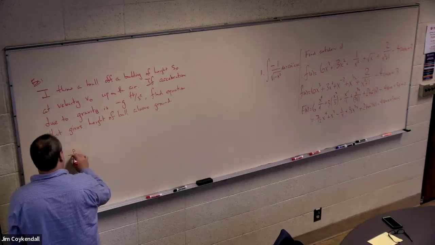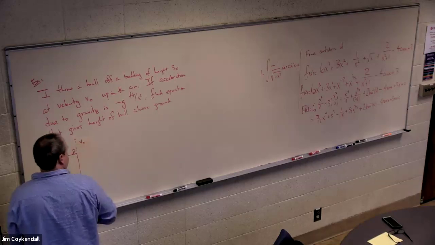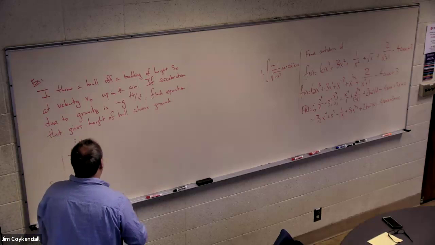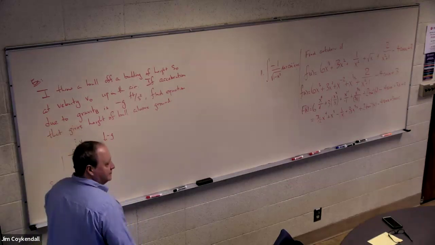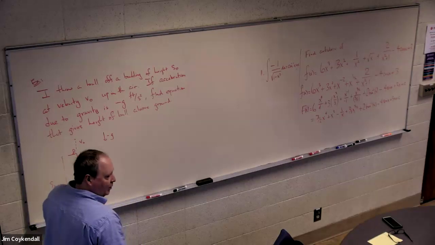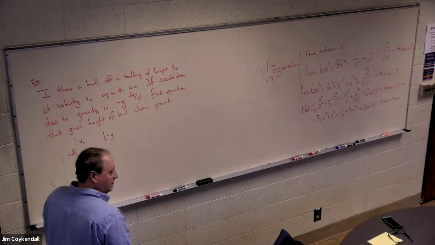And here I am, and I throw this ball upwards at V0 speed per second. I've got gravity pulling on it. I want the equations of motion of this ball.